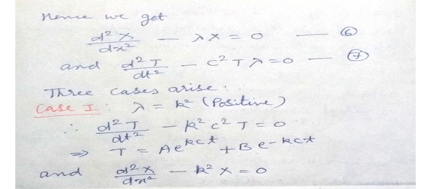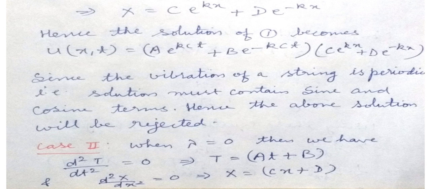Solving this equation, we get T equals A e to the power kct plus B e to the power minus kct, where A and B are constants, and equation 6 reduces to the form d2X upon dx square minus k square X equal to 0, whose solution is X equal to C e power kx plus D e power minus kx. Here C and D are constants.